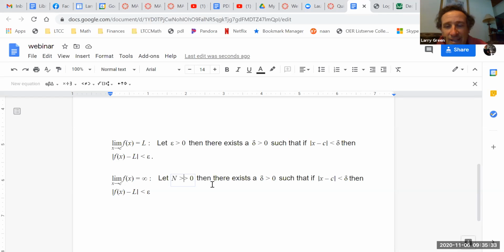So now let's start with a really big number. Then there exists a delta, because we still want to be really close to c, such that if |x - c| is less than delta, then, well, you're not trying to subtract infinity. We just want f to be big. And we don't even need absolute values because f is positive if we're close to infinity.